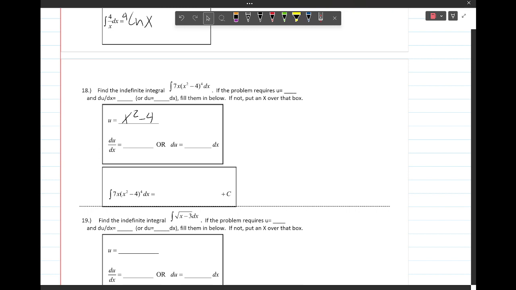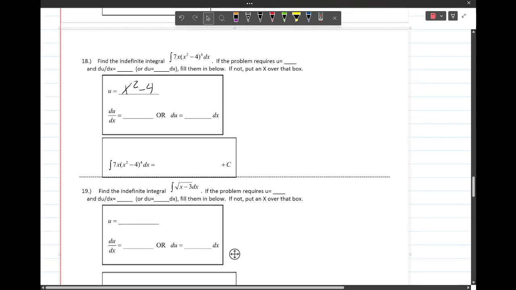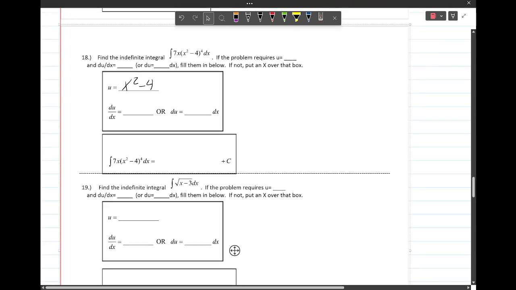All right. Let me see what they want you to fill out here, because it's not in its most useful form if we just leave it like that.